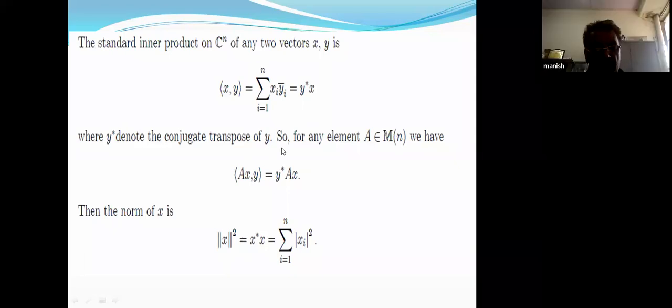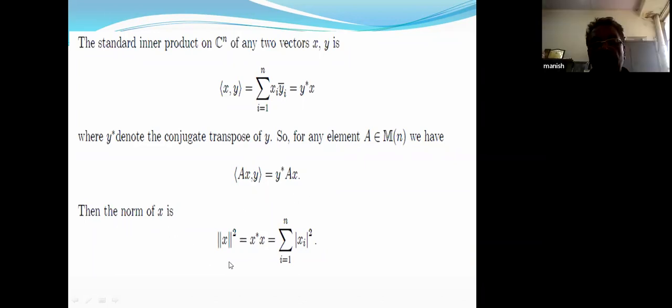Also, if we have any element A belonging to Mn, then Ax also belongs to Cn. So the inner product of Ax and y can also be written as y star Ax. Now, the associated norm squared of x is x star x, and this comes out to be the sum over i of mod xi square.